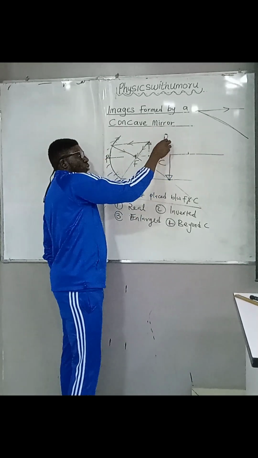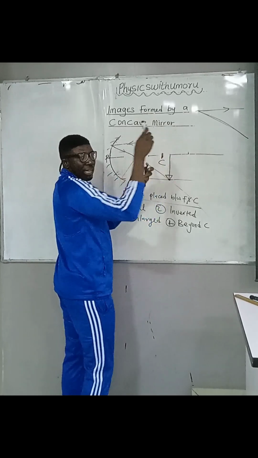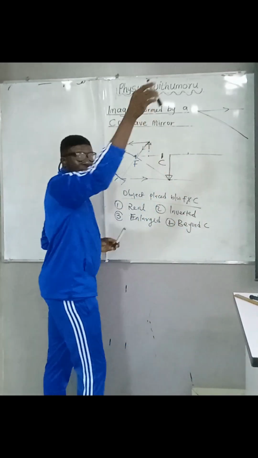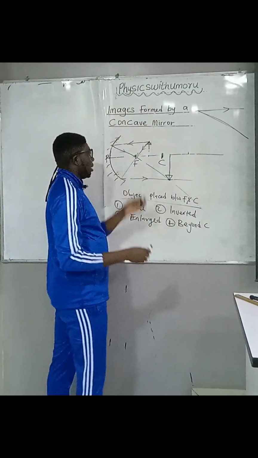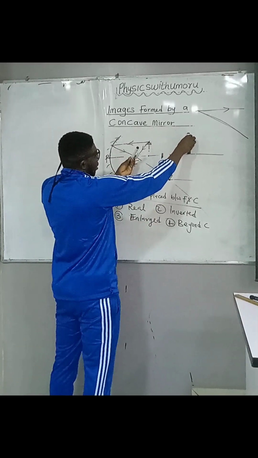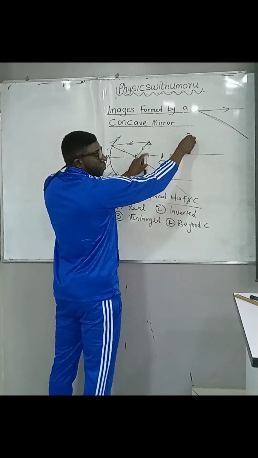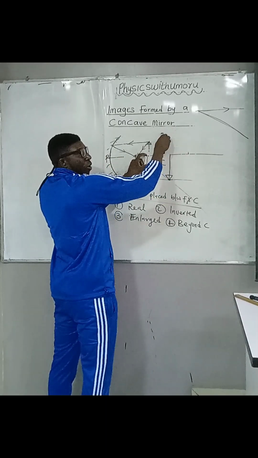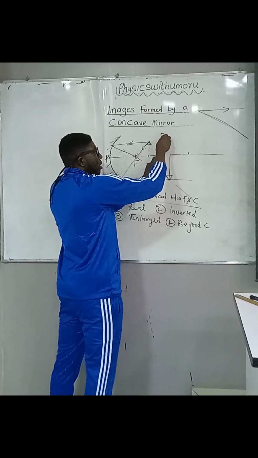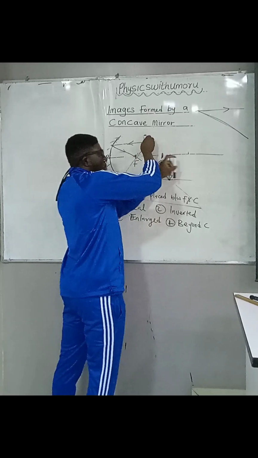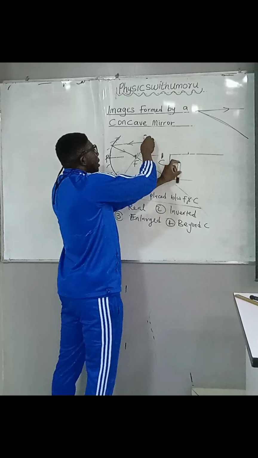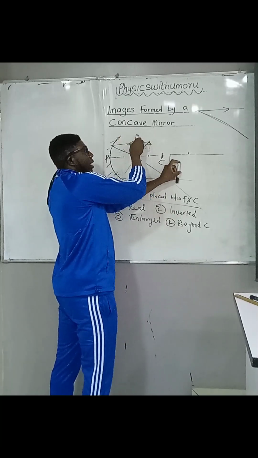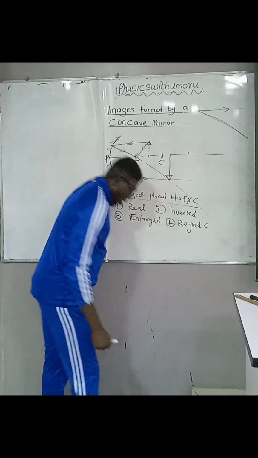Now we moved it closer to C, okay? I can use these two markers to represent. This is the object and this is the image. Beyond C, you see that this was formed here. I moved it here, forward. This one moved backward. I moved it here. This one moved backward. So let's see what will happen here when the object is now placed at F. All right.